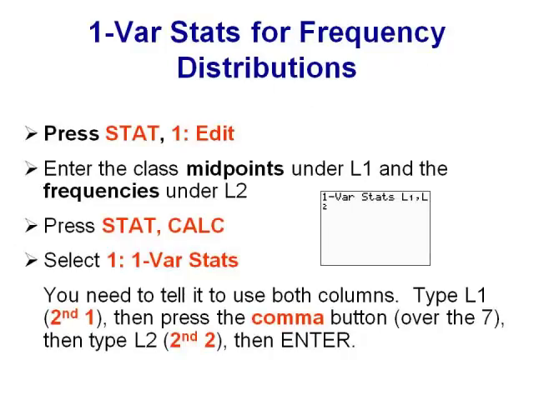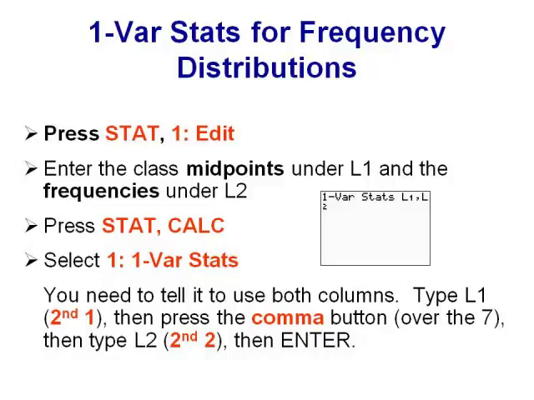You can also use your calculator to find the mean of a frequency distribution. Remember, frequency distributions have 2 columns, the classes and the frequencies. And we talked about how first you had to find the midpoint for each of those classes. You do go ahead and do that first. And then when you go into Stat Edit, you put the midpoints under the first list and then the frequencies under the second list.